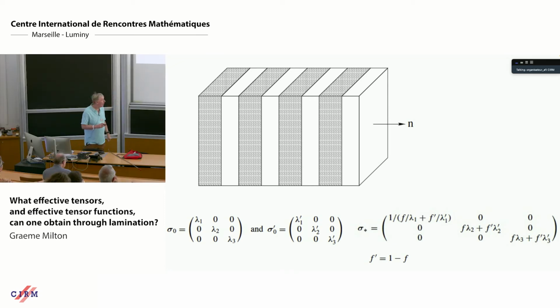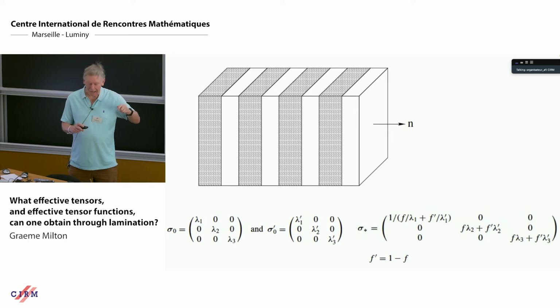Here we're laminating just two materials together, but I could actually laminate two composite materials together. And each of those will, if you like, have their Stieltjes or Herglotz functions. It has been discussed that if we add two Herglotz functions together, we get a Herglotz function.